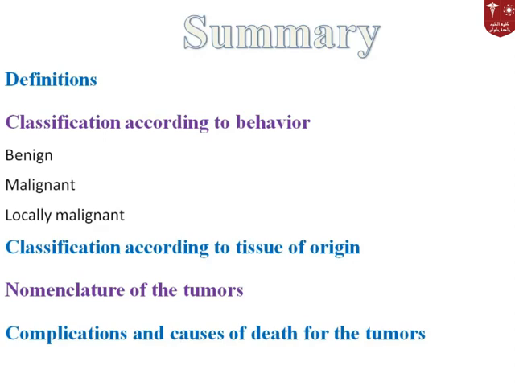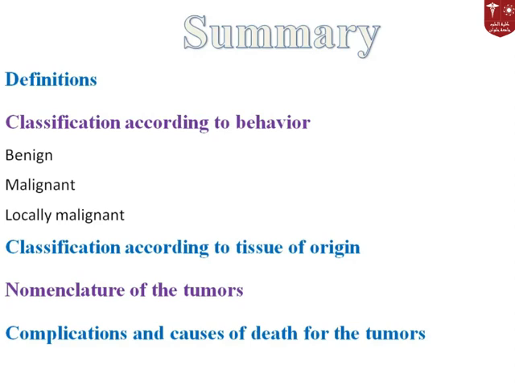And we know that complications and causes of death for tumors differ from malignant to benign, with most causes of death in malignant tumors. However, sometimes benign tumors can be serious if they arise in a critical site, like in the brain or in the airway. And we now know that benign tumors may sometimes turn into malignant.